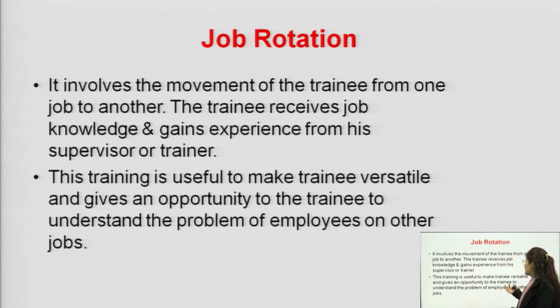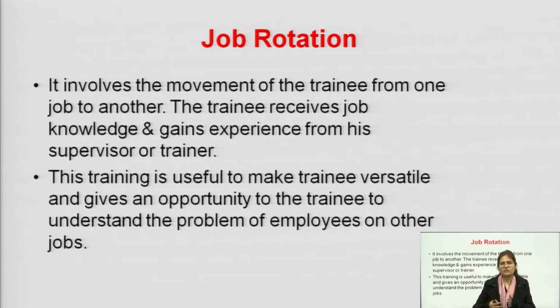This training is useful to make the trainee versatile and gives the trainee an opportunity to understand the problems of employees on other jobs. Yes, we can say that job rotation is a kind of training where a person learns by moving from one job to another. For some period of time, the employee is in one job and learning the things related to that job, and after some particular time he shifts to another job.